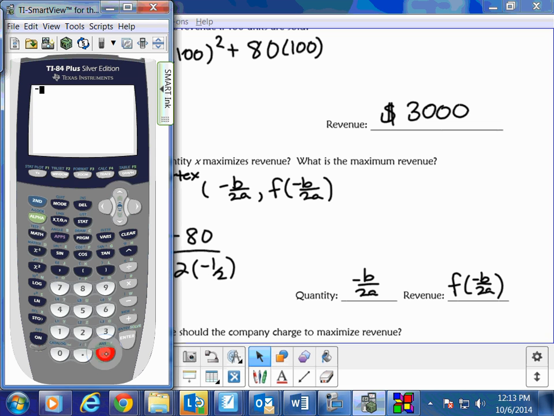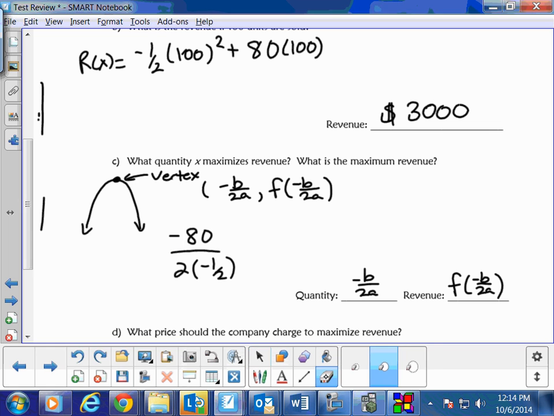So we have negative 80 divided by parentheses 2 times parentheses negative 1 divided by 2, and enter. Okay, so it's going to be 80. It's exactly 80 units. So our quantity in this case is going to be 80. Let's put this as 80 there.